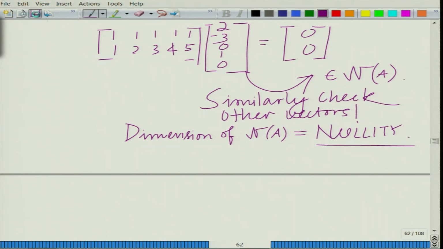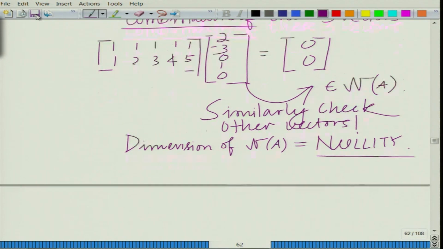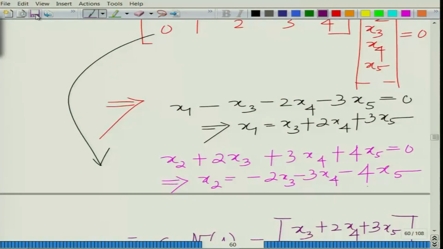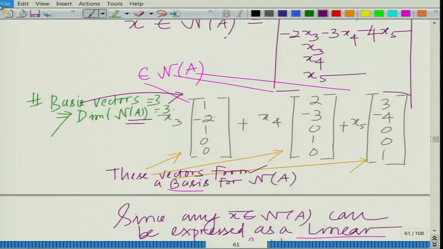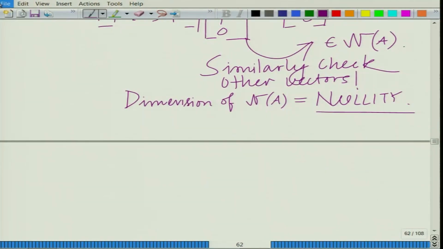This is also termed as the nullity of the matrix. And now, you can also see that the nullity of A is equal to 3, because the number of elements in the basis is equal to 3.